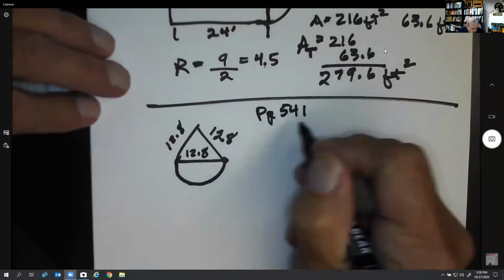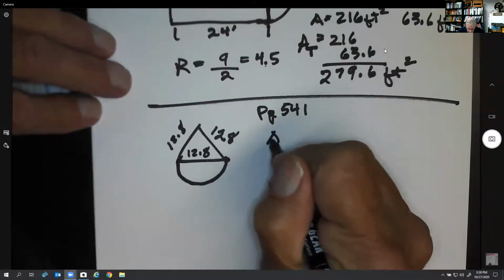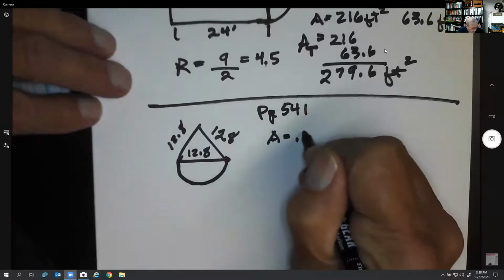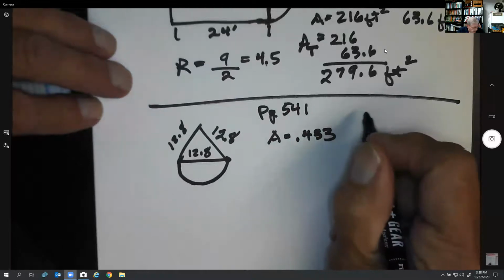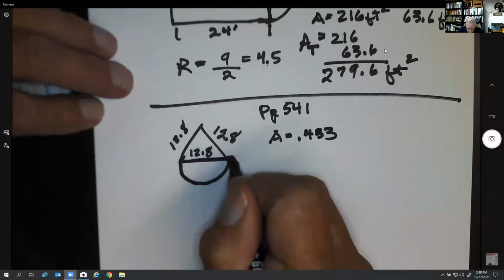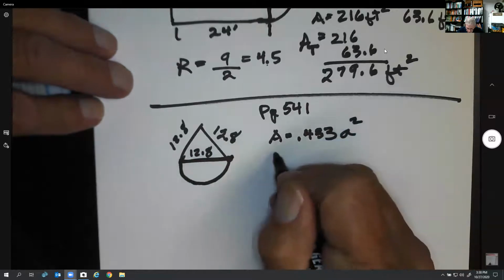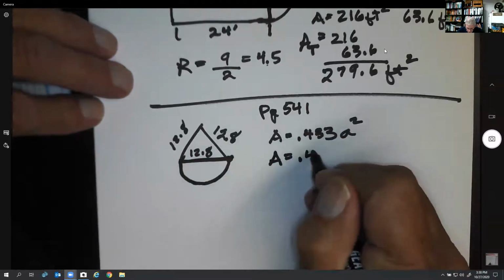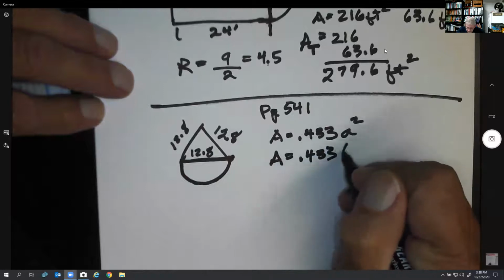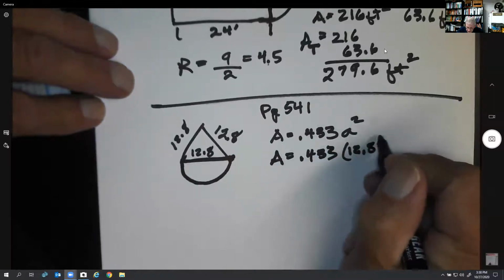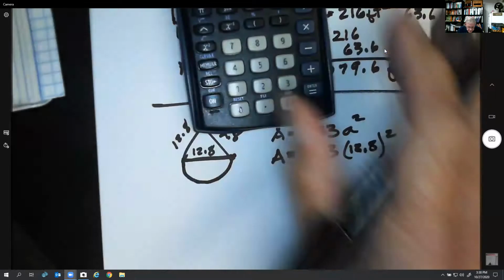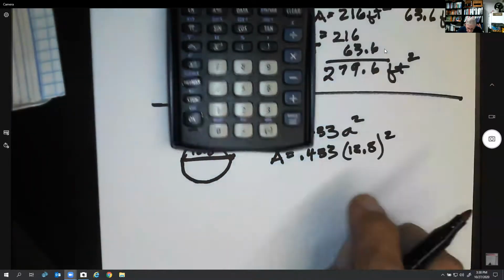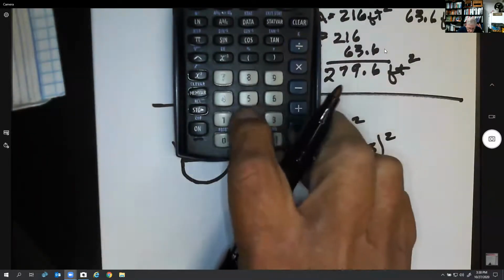And the area of an equilateral triangle is equal to 0.433 times a squared, which would be this distance. So area of the triangle is 0.433 times 12.8 squared. Okay, so we could do that real quick. Square this. 0.433.